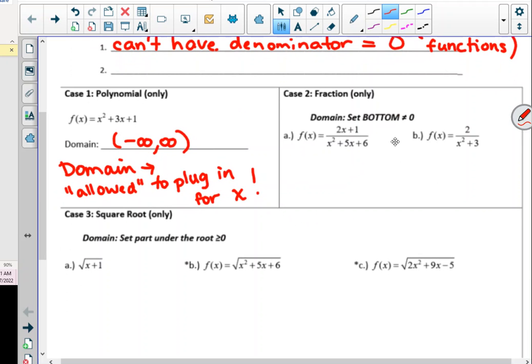Okay, so let's go ahead and do that over here. I've got 2 rational functions, a and b. On the first one, we're going to think about that denominator equaling 0. And that's kind of the ironic thing. We don't want the denominator to be 0, so we basically have to think about what would make it 0. It's like, okay, what's bad so I can skip it.